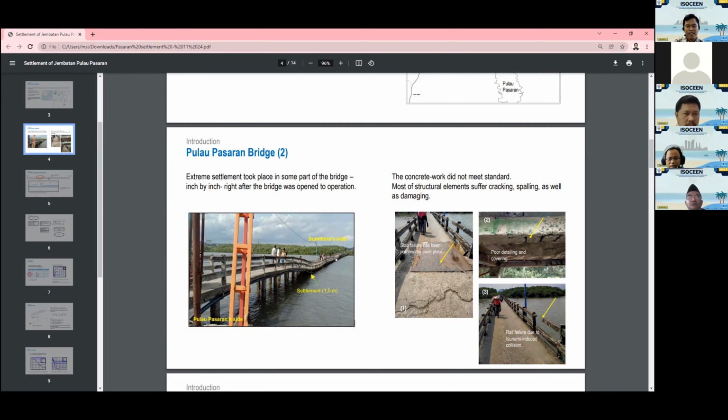There are stones, there are building materials. They use this bridge, but the city administration has not yet given more attention to the reconstruction of the bridge.